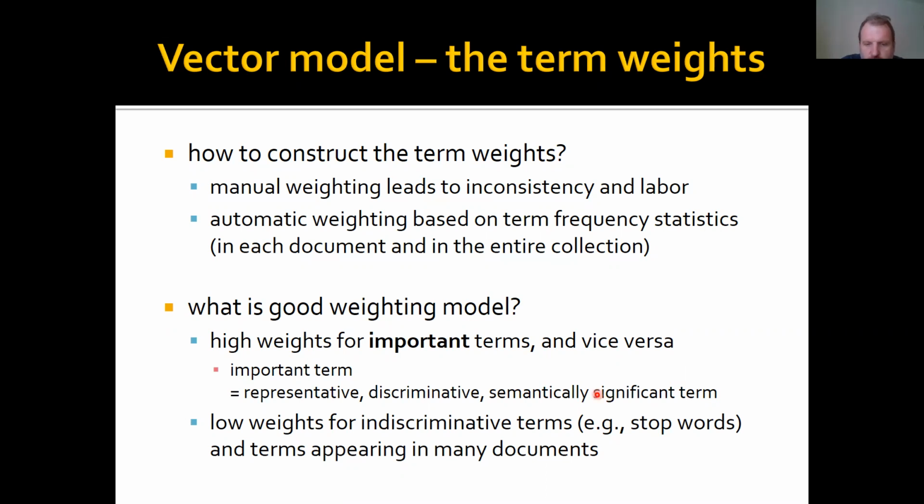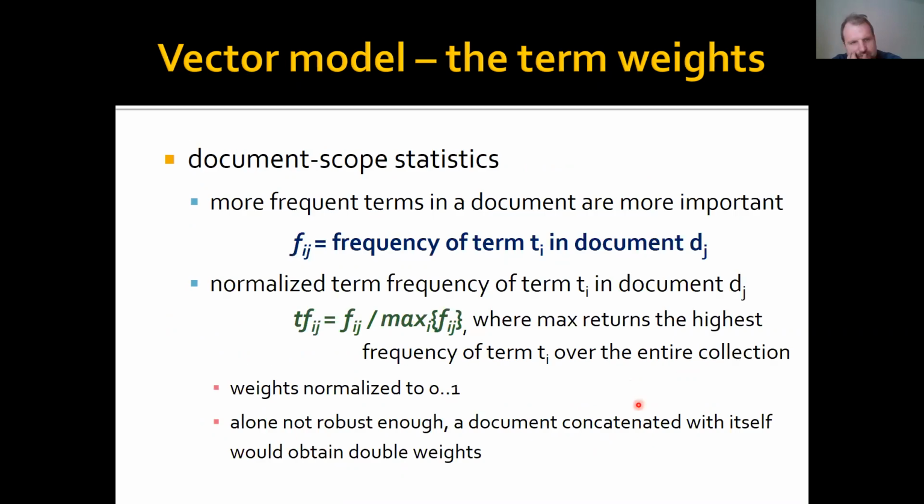And that's why we are using the TF-IDF scheme. I already talked about it last time, but today in more detail. So the first component of TF-IDF is TF, and the TF is a normalized variable for frequency.